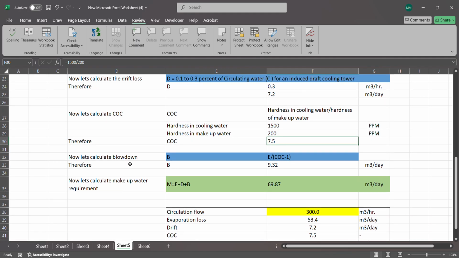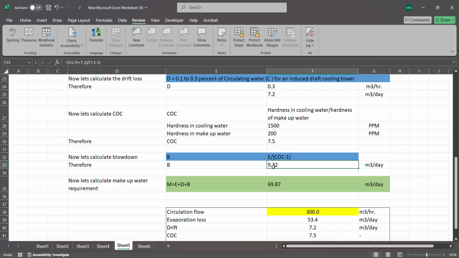Now let's calculate the blowdown required. Blowdown is simply the evaporation losses, and you must consider the drift losses too, whatever losses have happened. Because water evaporates, the hardness concentration goes up. That's why we divide the total losses by COC minus 1.